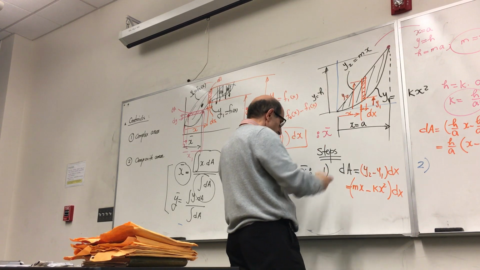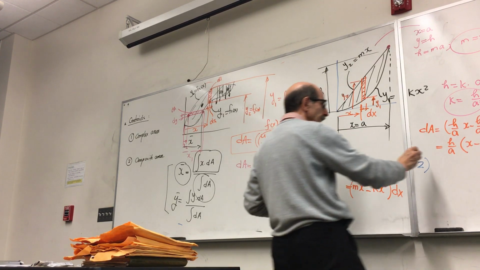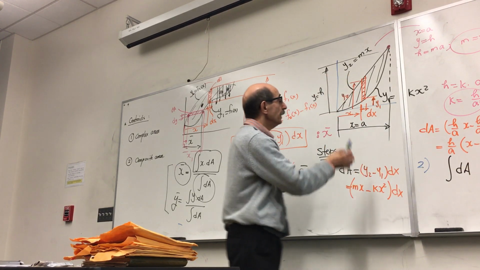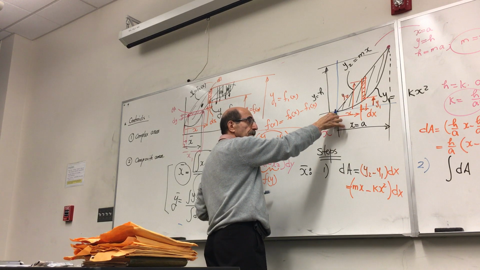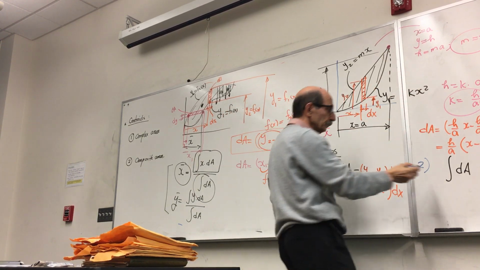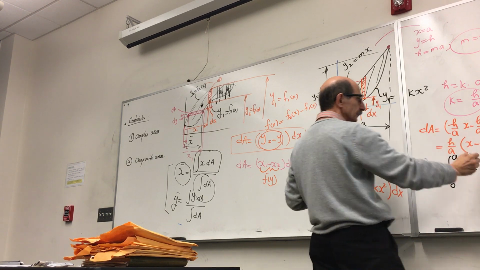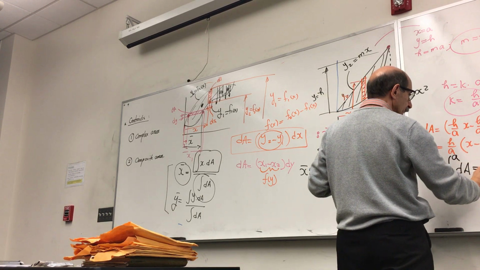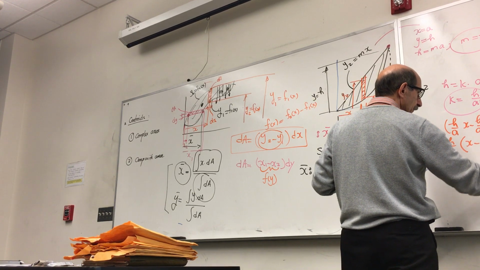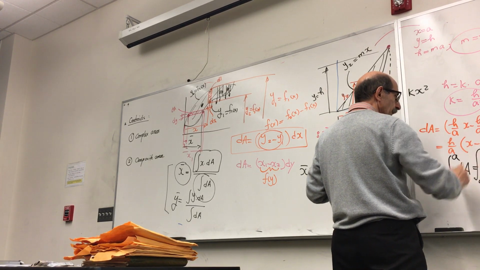Step number two, you just simply evaluate the integral of dA. dA goes from here all the way to here, sweeps the entire area, which means from 0 to a. So you just substitute these values, h over a times x minus x squared over a dx, the integral from 0 to a.